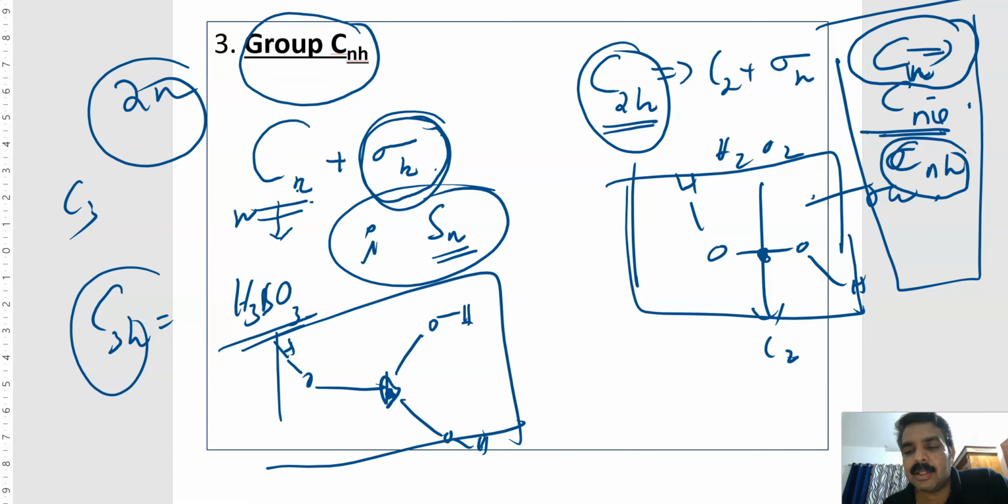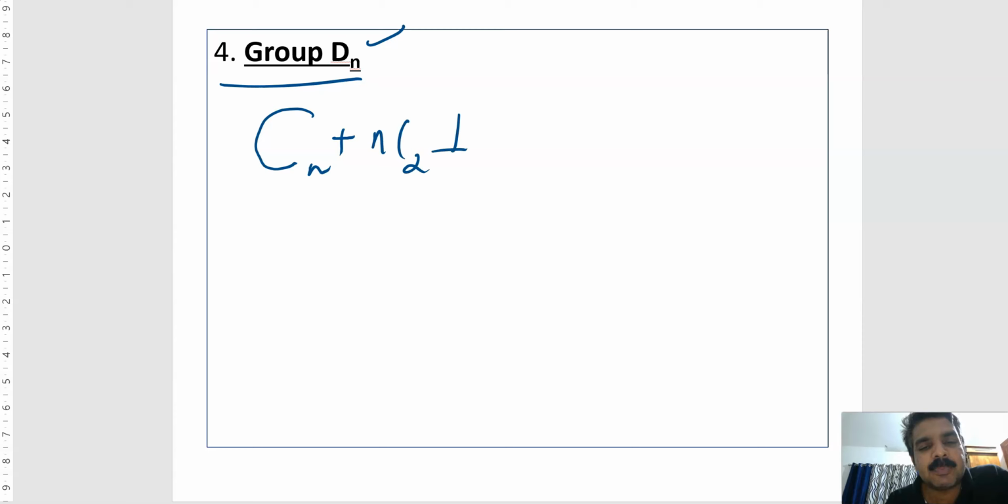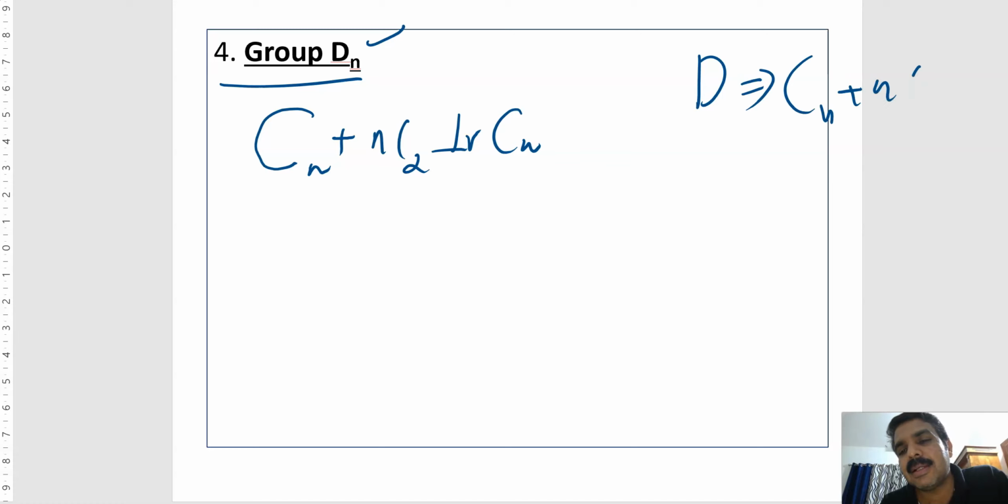The next category is the Dn, D category. Actually, D category means Cn plus nC2 perpendicular.